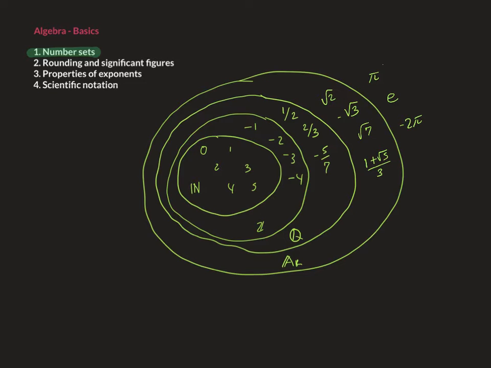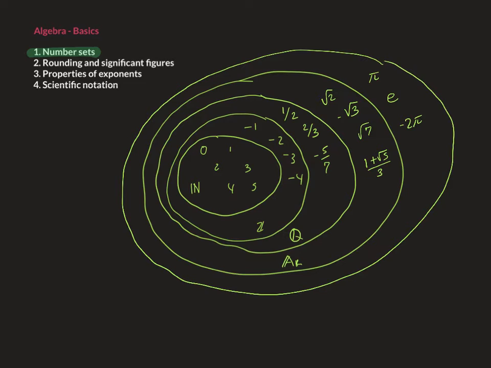And then by including these other numbers, now we have created an even bigger set that we are calling the real set of numbers. So the real set of numbers includes every single number that you know. These two sets of numbers are called irrational numbers.